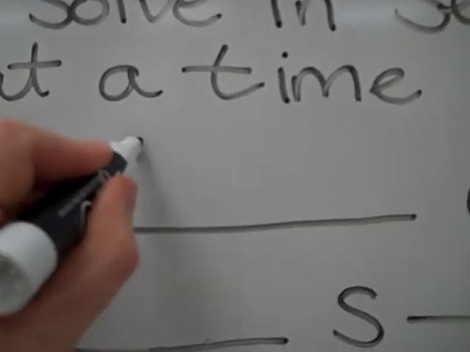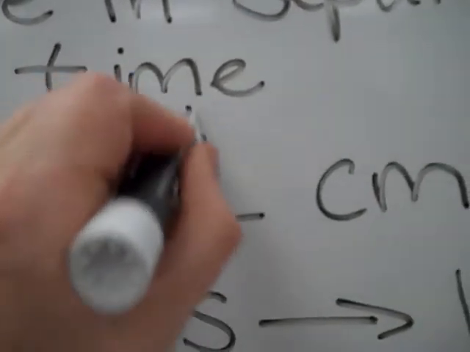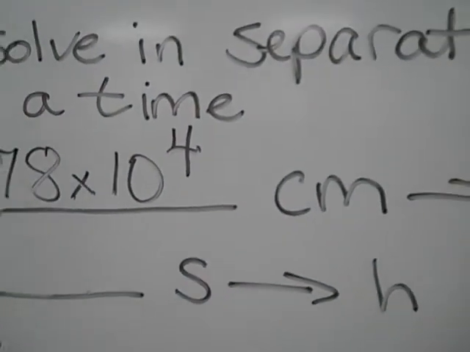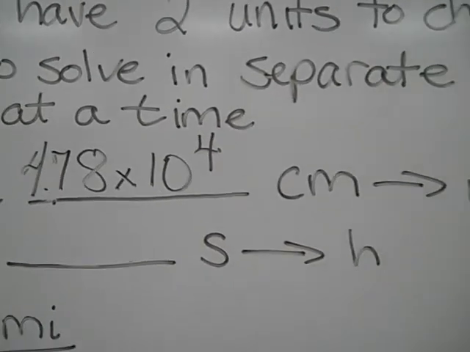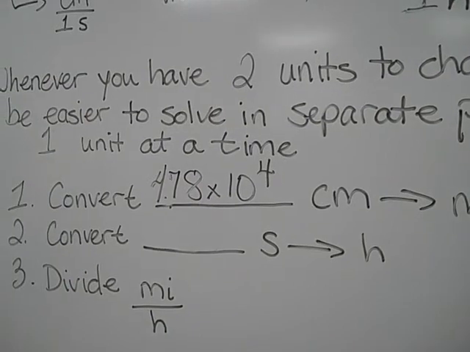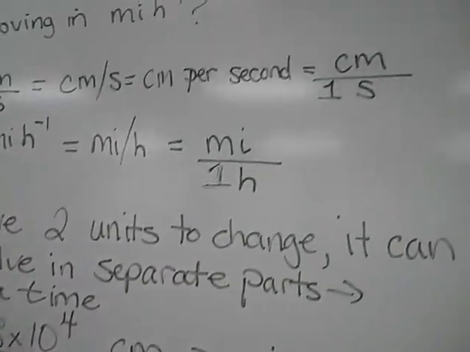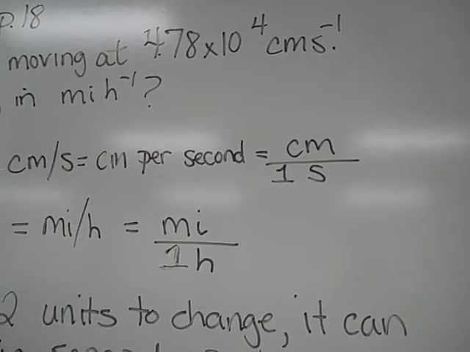The numerical value always goes with the unit in the numerator, with the unit on top. And we've talked about what the unit is, so what value is going to go with the seconds in 4.78 times 10 to the 4 centimeters per second?